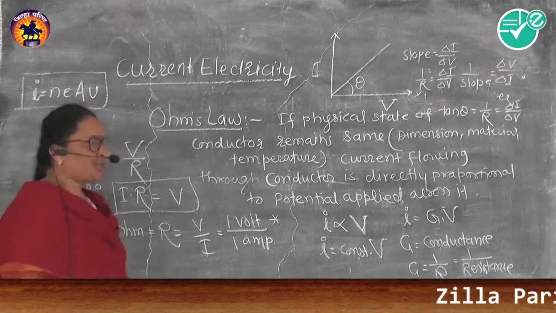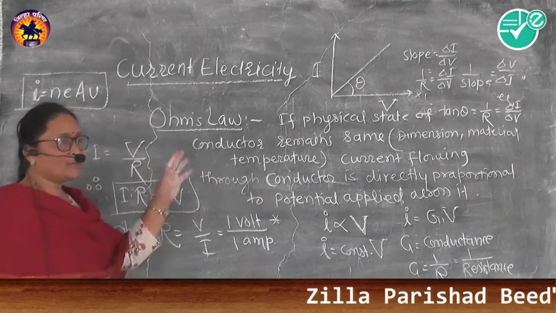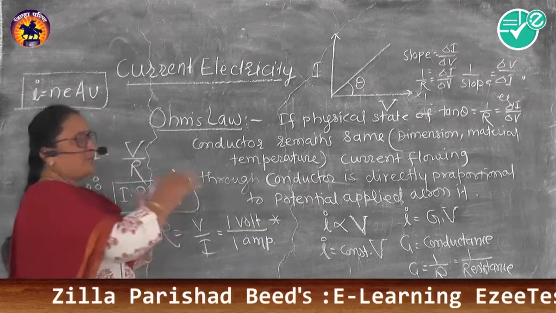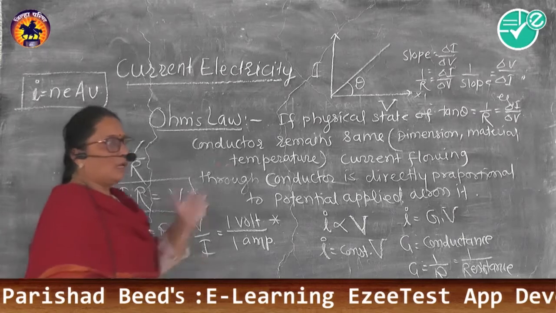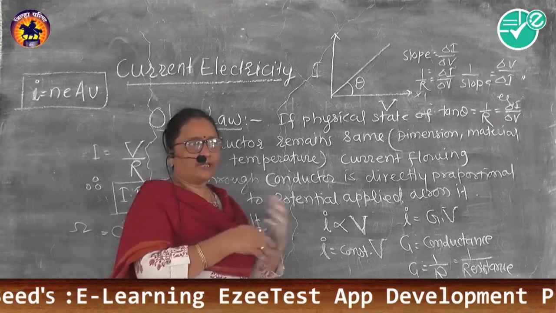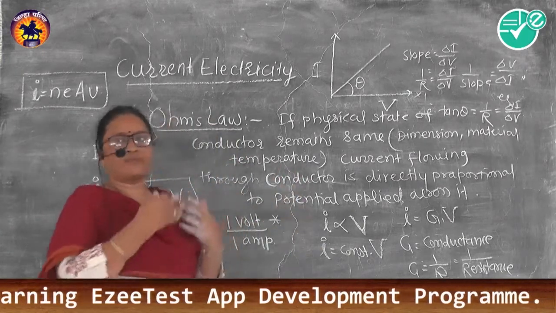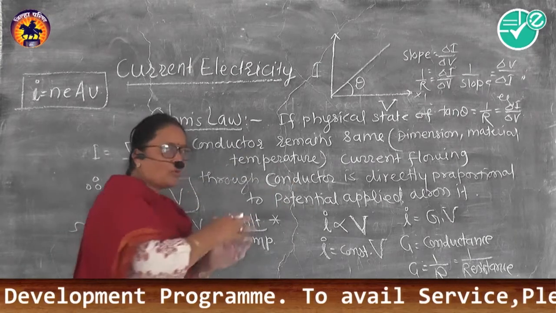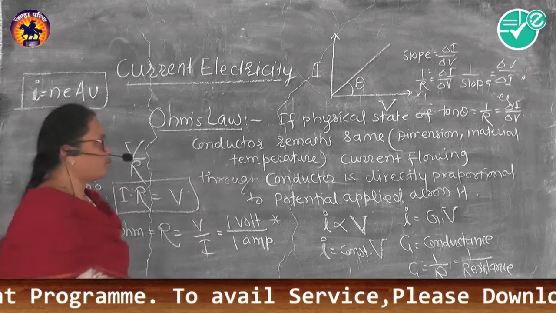Now another limitation is that we cannot apply Ohm's law at a higher temperature, because as the temperature increases, there is a flow of electrons and the atoms of that conductor also vibrate largely, which provides opposition to the flow of electrons.